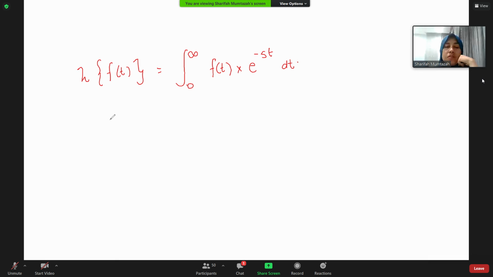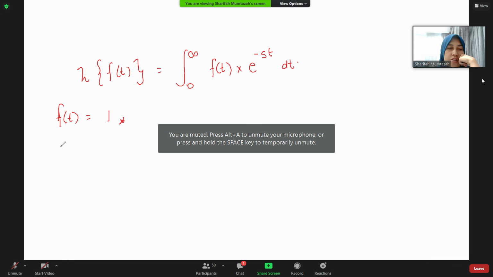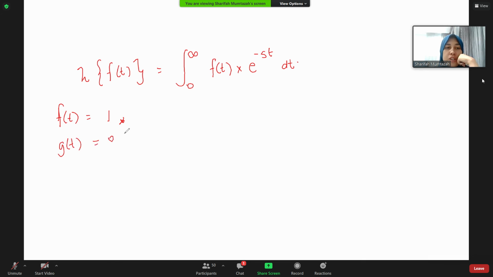Now, let's say your f(t) is basically 1, and then you have g(t), which is exponential at, and h(t) is f(t) times g(t), so you get exponential to the power of at.